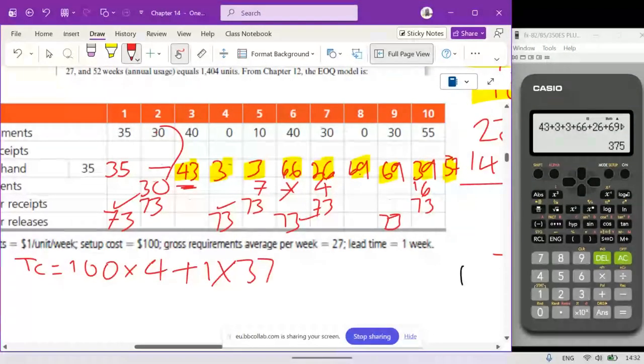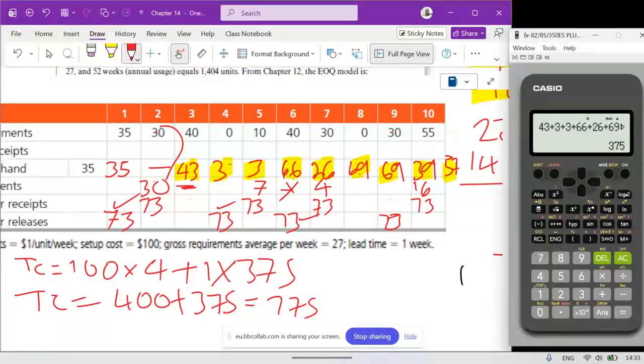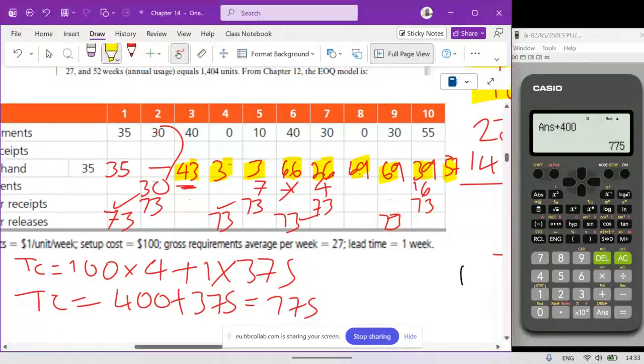TC costs you 400 plus 375 equals 775. Slightly higher by $75.